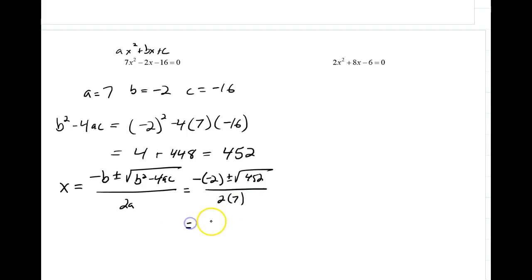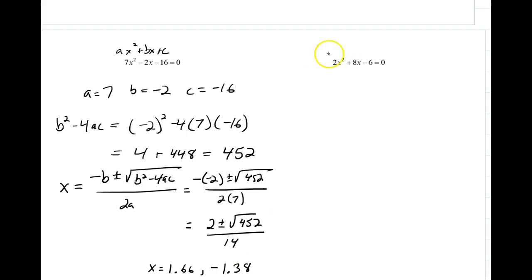So this gives us 2 plus or minus the square root of 452 all over 14. Now just do this in your calculator. 2 plus the square root of 452 equals, divided by 14, and then 2 minus the square root of 452 equals, divided by 14. So you get -1.66 and -1.38.